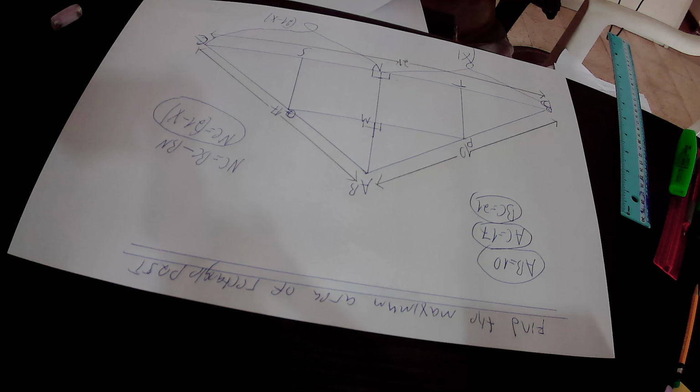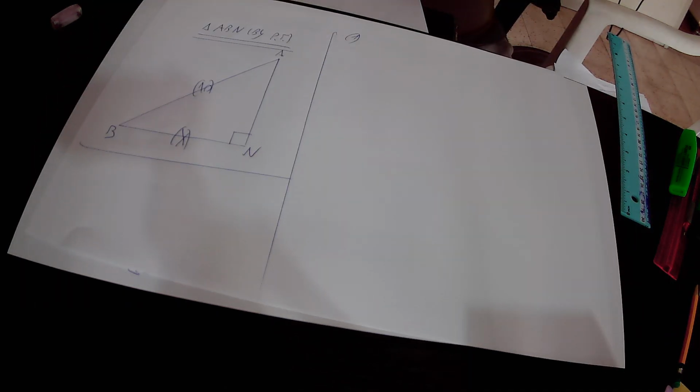So actually, this is the right triangle ABN that I copied from the original drawing.